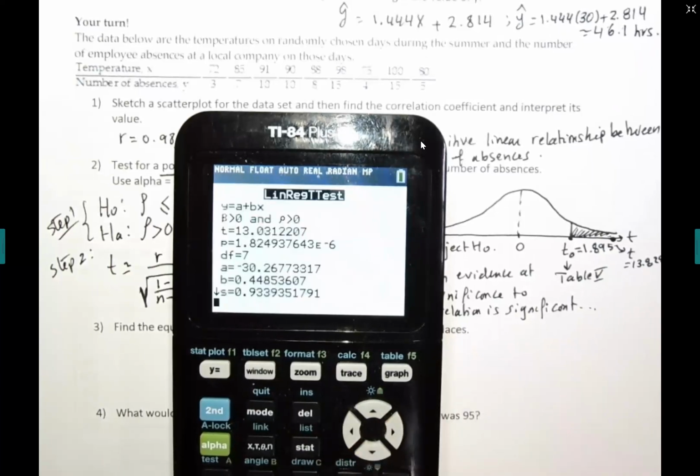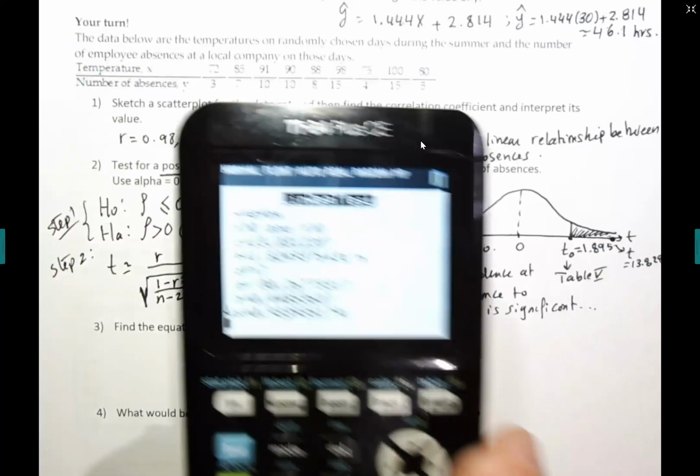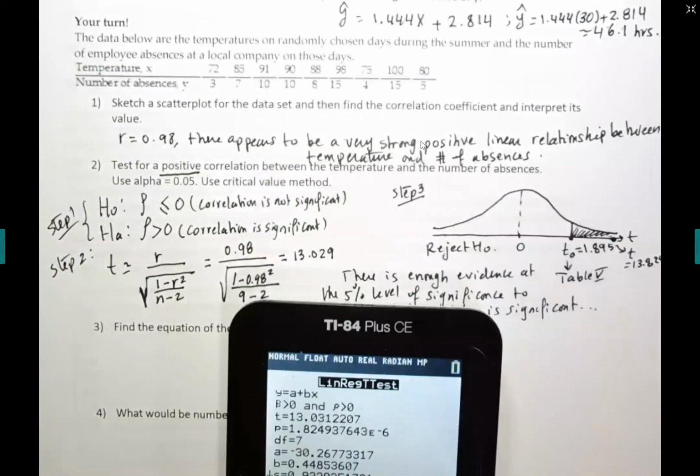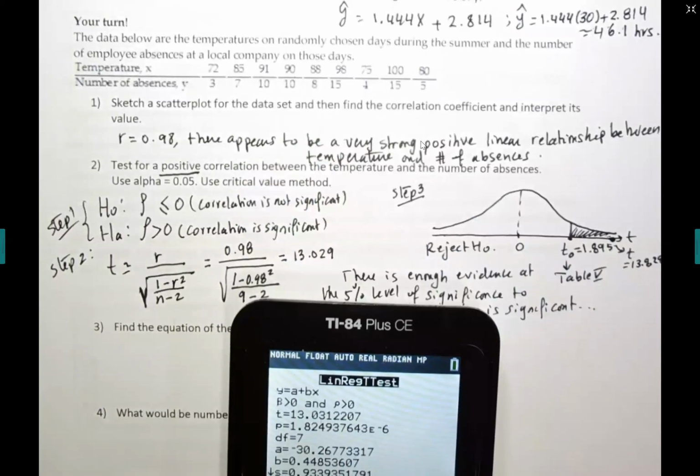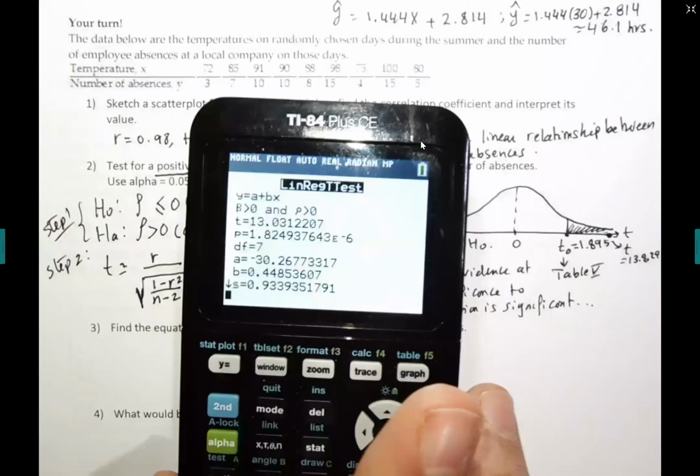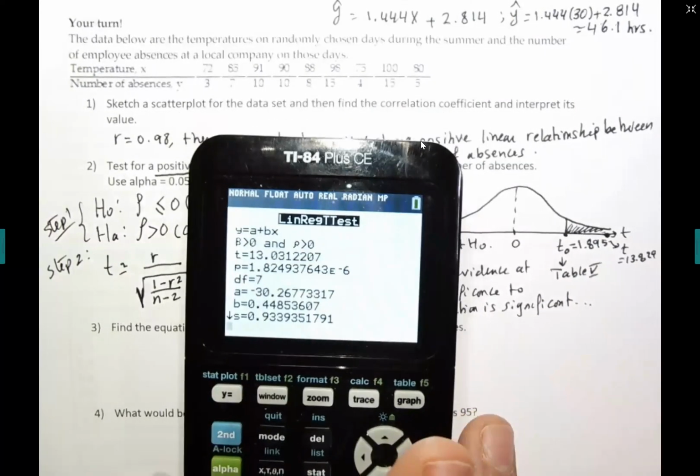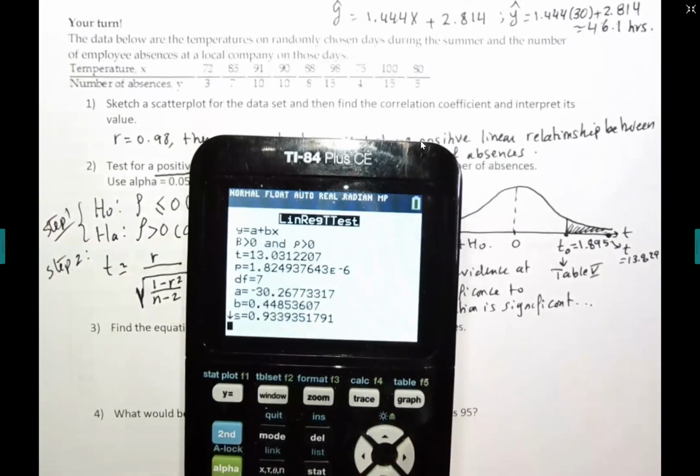Watch. T is 13.031. What did we get? Oh, see, it's very close this time. 13.029, which rounds to 13.03. So whether you get it off the calculator or by hand, the system will recognize this.